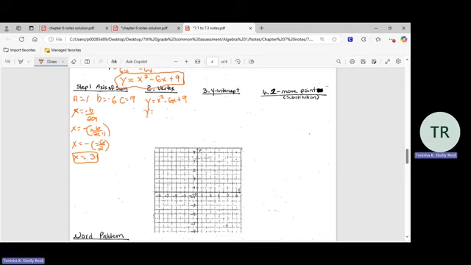So y is equal to 3 squared minus 6 times 3 plus 9. So y is equal to 9 minus 18 plus 9. That means y is equal to 0.